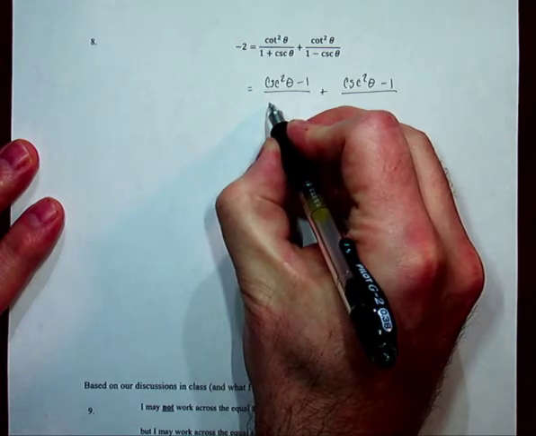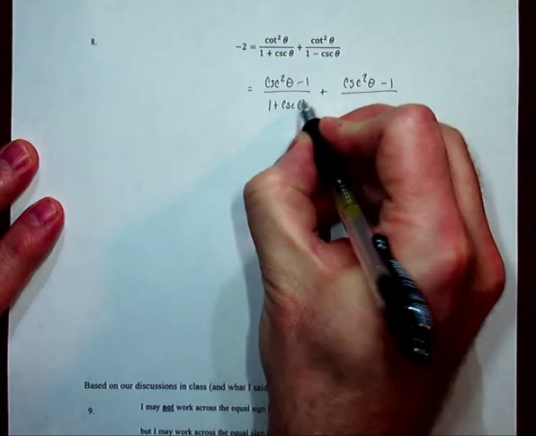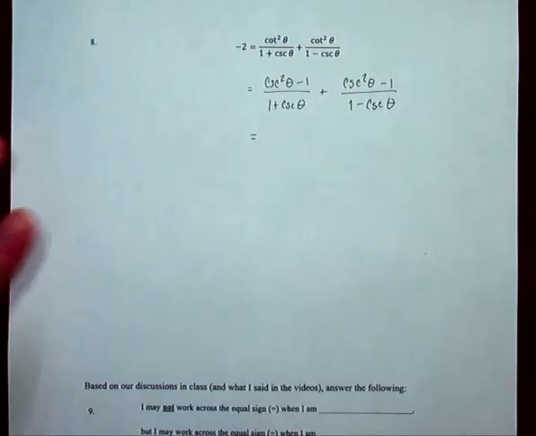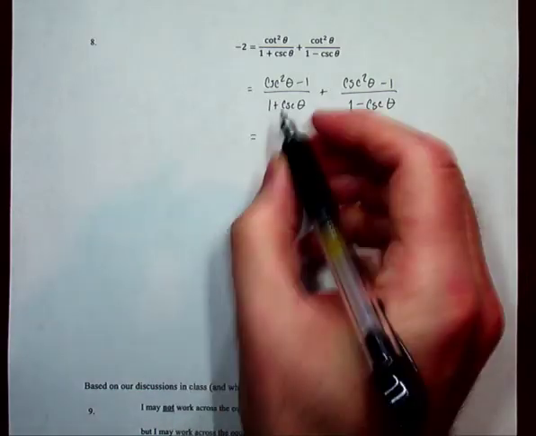Now, there's two ways you can do this, but let's just keep going. This winds up being 1 plus cosecant. Now, because the Pythagoreans have 3 forms, and we get the second and the third form by simple subtraction, what we then have is the difference of 2 squares, and therefore these factor.